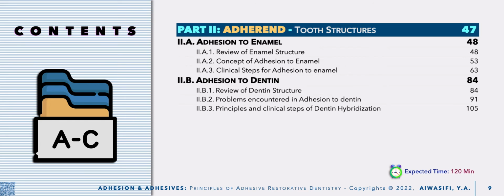And the clinical steps, including two major steps. One was the acid etching of enamel, and the second was the resin infiltration into enamel.